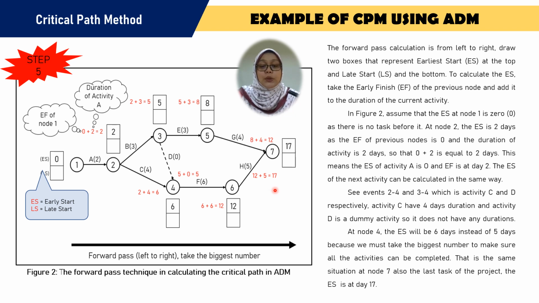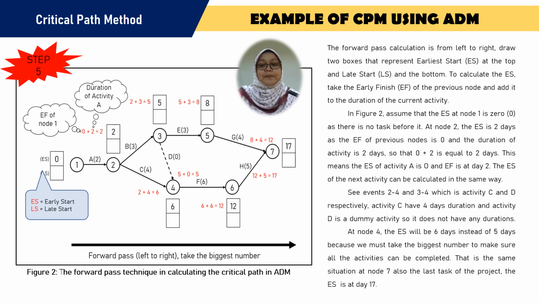So we have to choose the greater number, which is 17. From this calculation, we can get that the total duration of the project is 17.